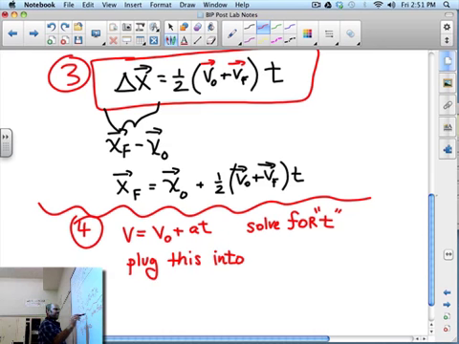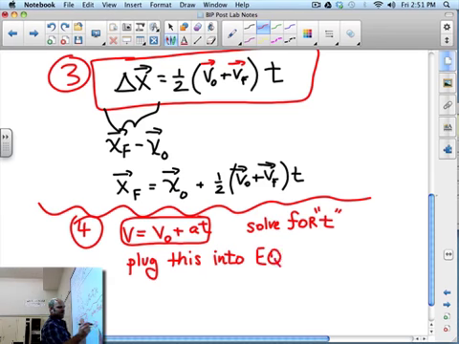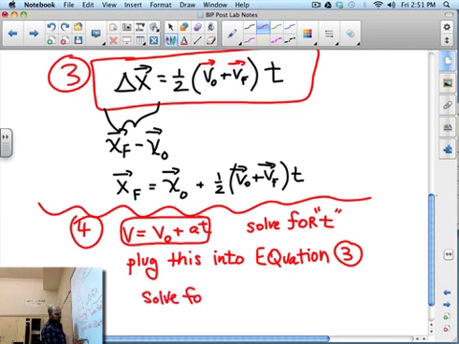If you solve equation 1 for t and plug that into equation 3, you will have it. With a little bit of algebra, and you would want to solve for v final squared. That's all I'm going to say. All right?